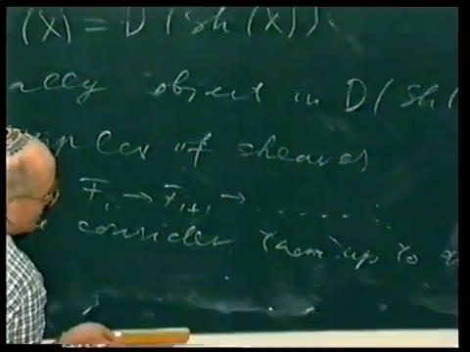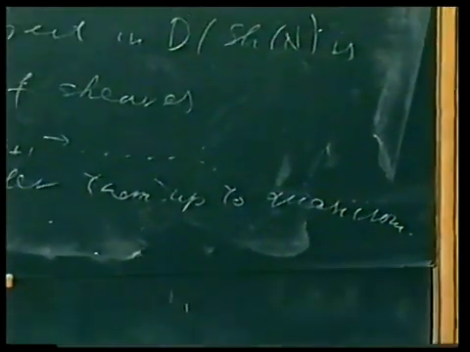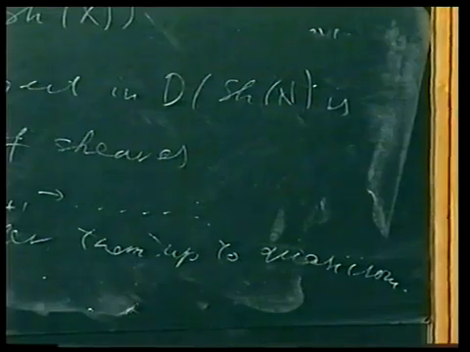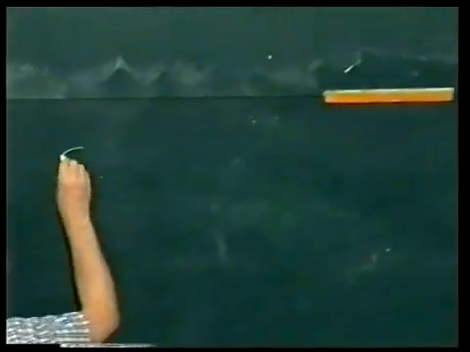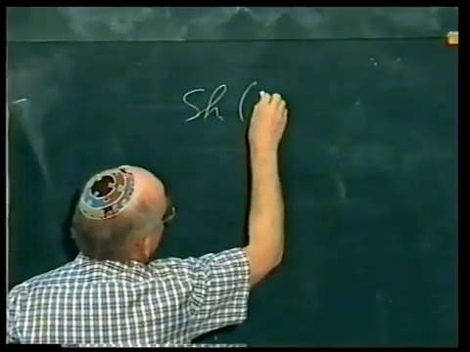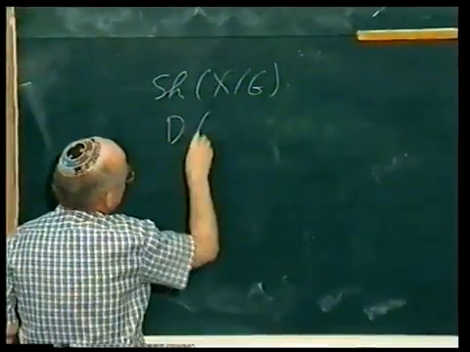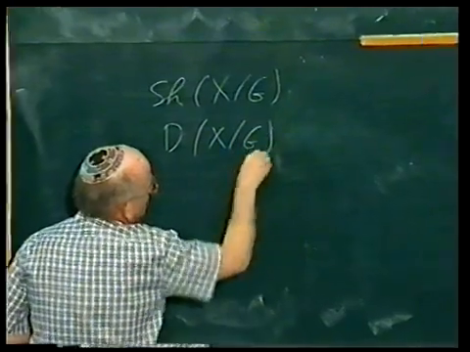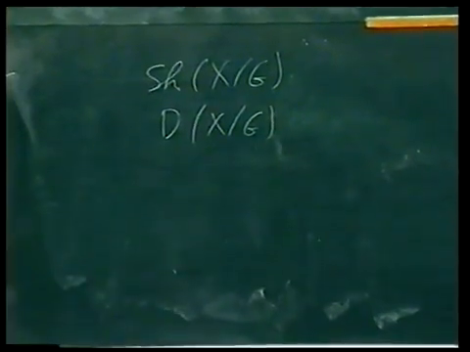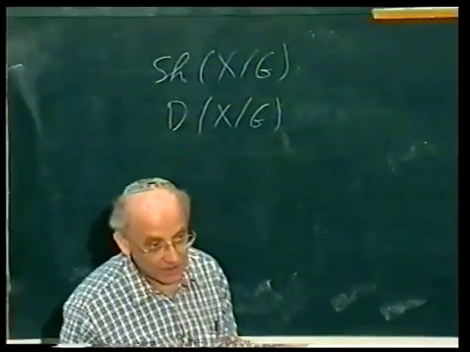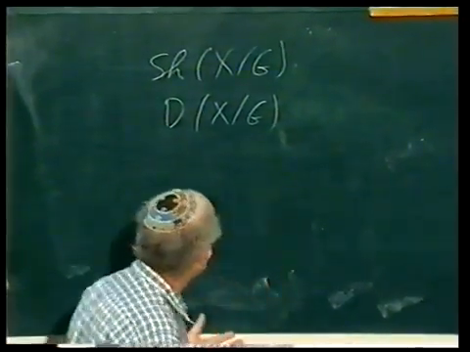Okay, so now what I want to do is define these objects, sheaves and the derived category of sheaves, on X mod G, for this stack X mod G. I want to describe how to think about this.